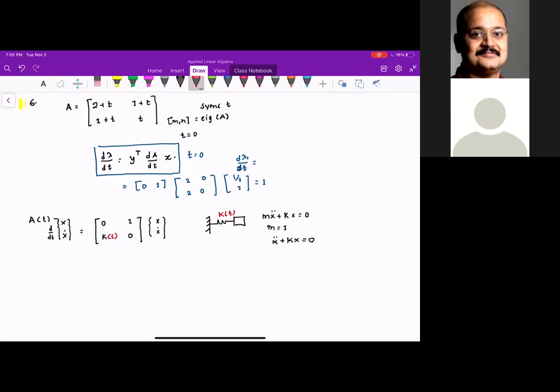But the crux is this: if the problem is x dot equals A x, associated with it there is an adjoint problem, given as y dot equals minus A transpose y. The x are the eigenvectors of this problem and the y are the eigenvectors of the adjoint problem.